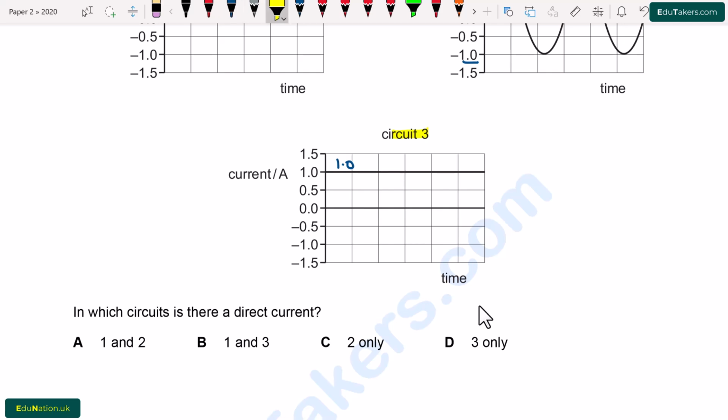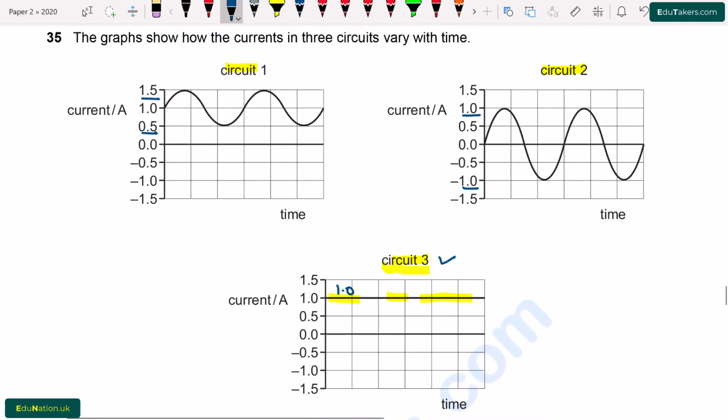In which circuits is there direct current? So where is the direct current? Direct current is basically the current that does not change its polarity. So circuit 3 is the direct current, because here is a straight line which shows that current flows in one direction. We also check the circuit 1 and circuit 2.